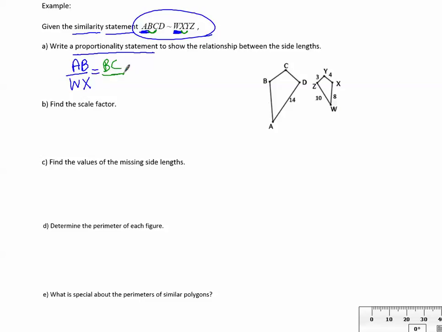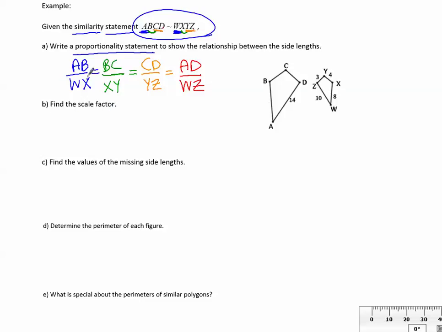BC over XY equals, we're going to write all four sides, CD over YZ equals, and finally the last pair, AD over WZ. Notice that I'm always starting on the left and going to the right, left to right, just like we read words.